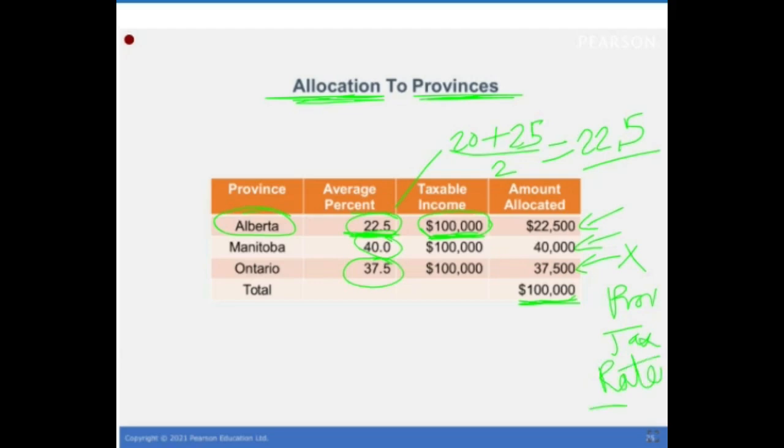Now that can be very, very important because we have significantly different tax rates by province. Nova Scotia is one of the provinces that is on the higher end of the tax rate spectrum, same as we learned in personal tax. We're on the high end. So certainly properly allocating out the provinces can make a big difference in the total tax bill.